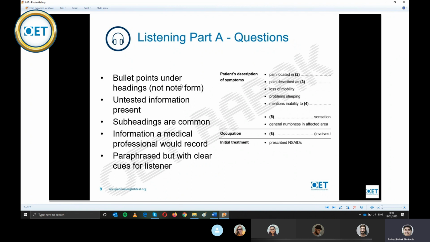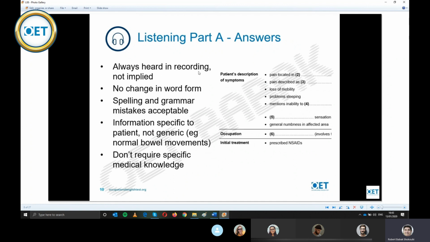So the speaker might say, "Oh, well, yeah, it started in my tummy." He doesn't say located, but you know that this is the location and you write the location. So it is paraphrased.